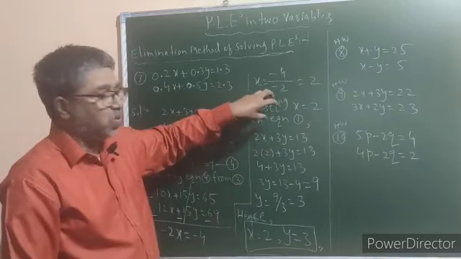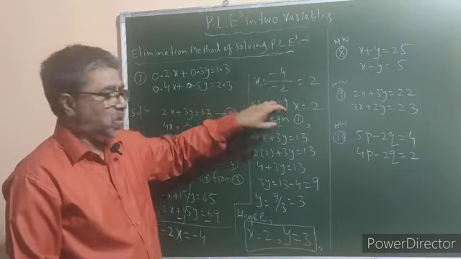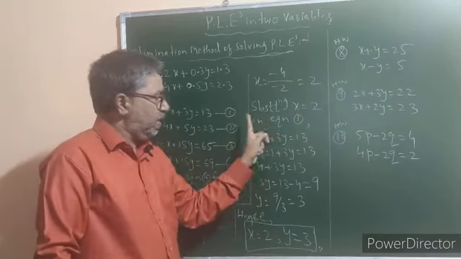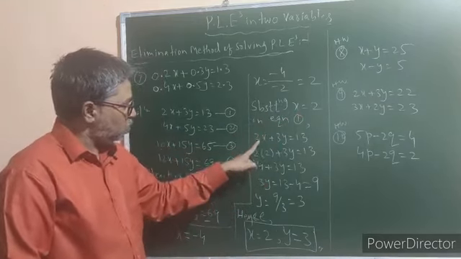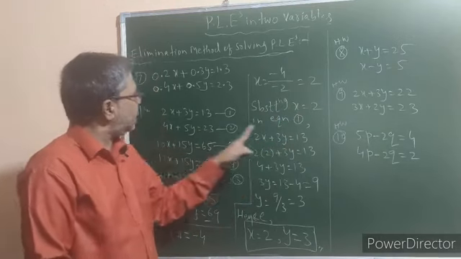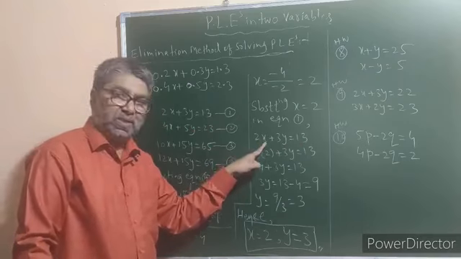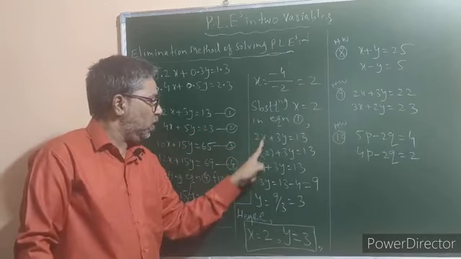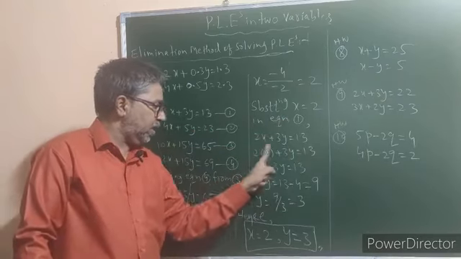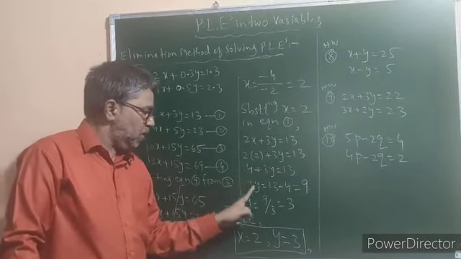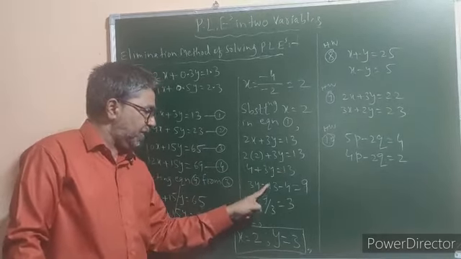Now let us substitute this value of x, that is 2, in equation 1. Substituting x is equal to 2 in equation 1, we get 2x plus 3y is equal to 13. So 2 into bracket, in place of x write 2, plus 3y is equal to 13. 2 2s are 4 plus 3y is equal to 13.